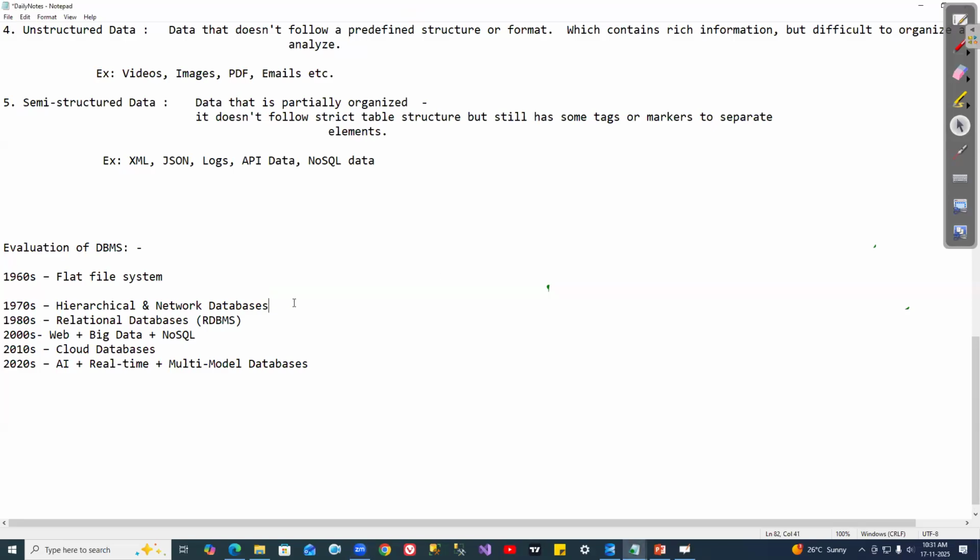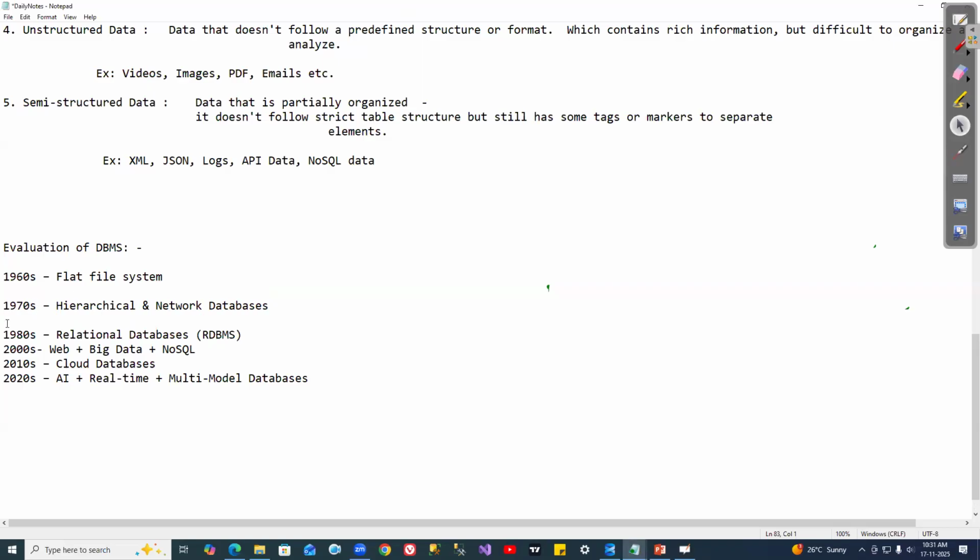And in the 1970s, hierarchical and network databases were introduced. Here data is stored in a tree structure. It maintains a parent-child relationship.